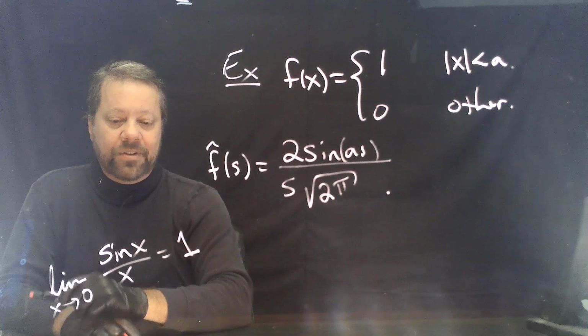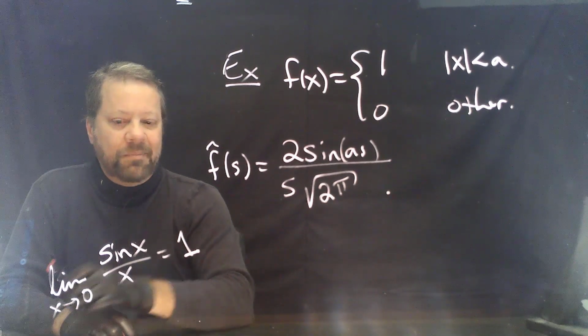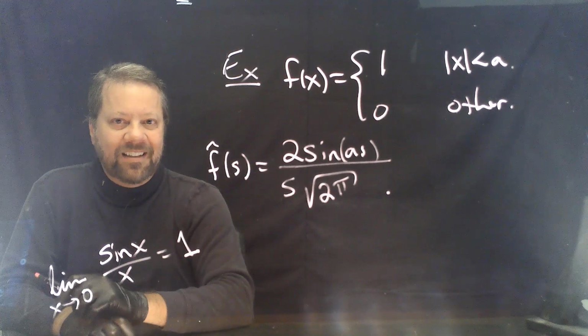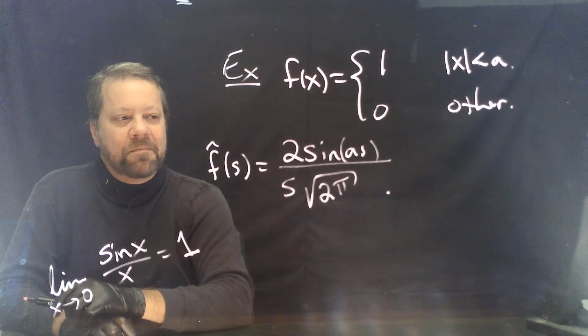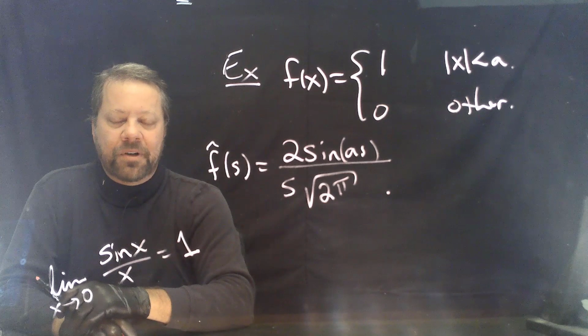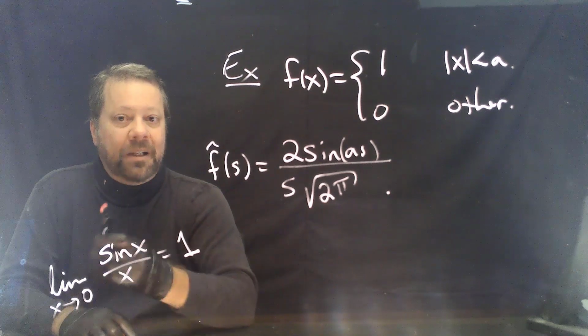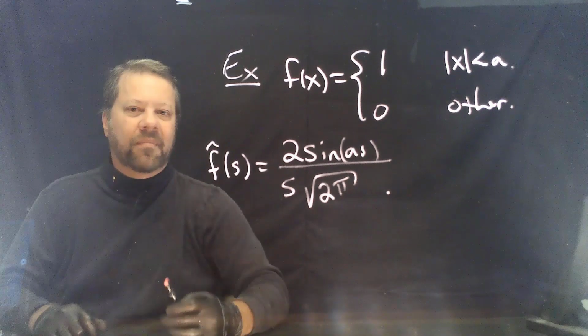So you get 0 over 0, which is undefined. But we spend a long time in Calculus 1 proving that you do in fact get 1. And you can obviously use L'Hopital's rule as well. So let's see if we can apply the inverse Fourier transform, complex version of the Fourier transform, to this function and see what we get.